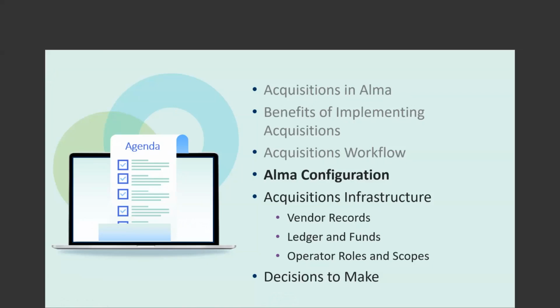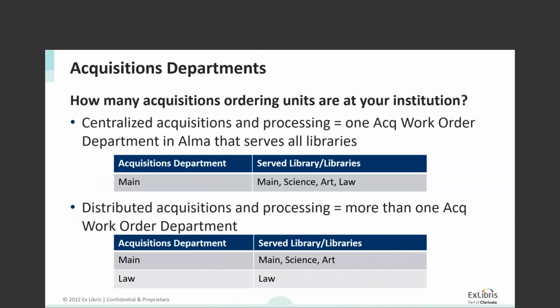So now we're going to get into configuration around how many acquisitions departments, acquisitions ordering units, are at your institution. Some of you might be one Alma institution, one Alma library, and that's it. That's fine.